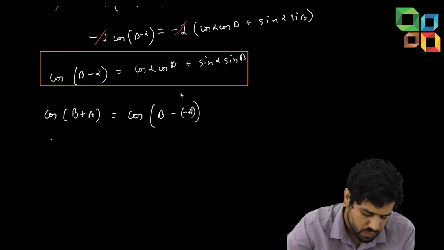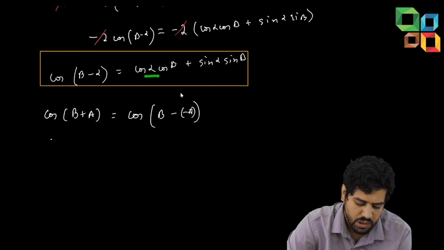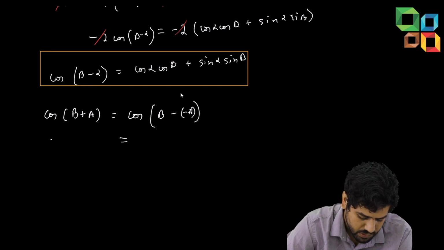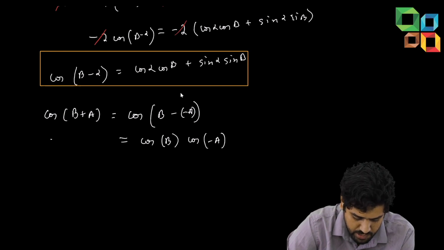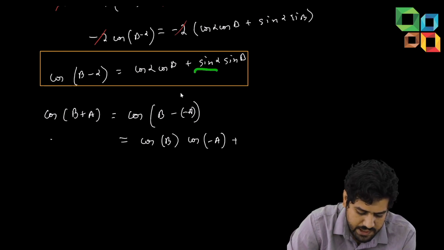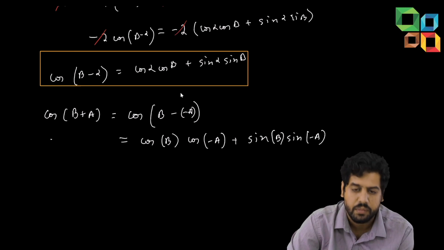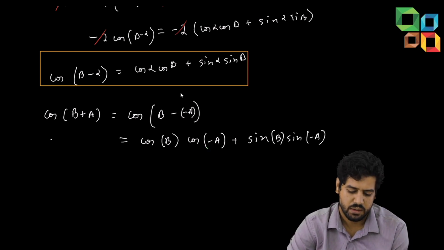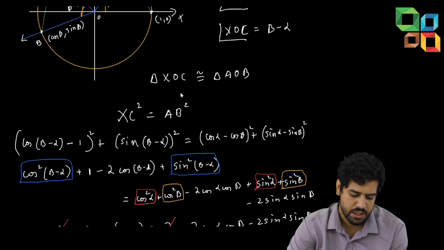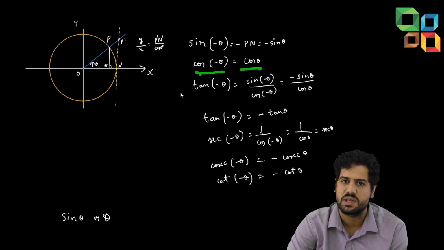Okay. So what is cos of one term minus the other? Cos A cos B plus sin A sin B. So it will become cos B cos(minus A) plus sin B sin(minus A), right? What is cos of minus A? We derived this, right? Cos of minus theta is the same as cos theta.